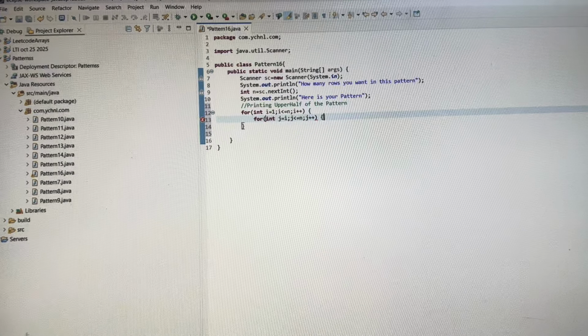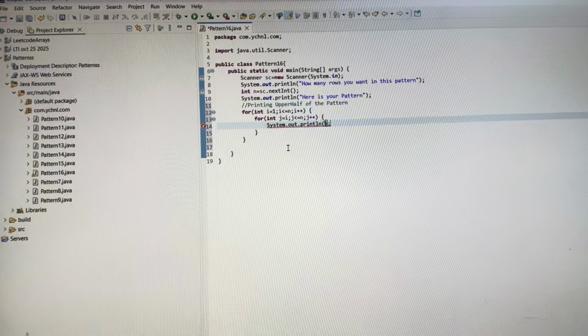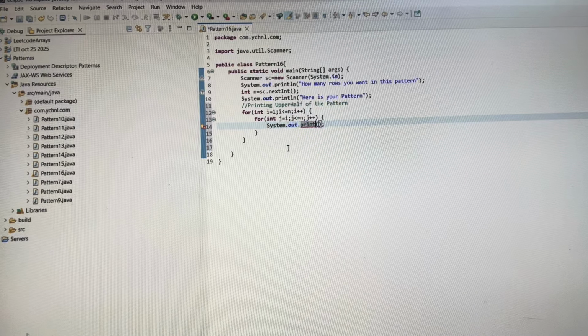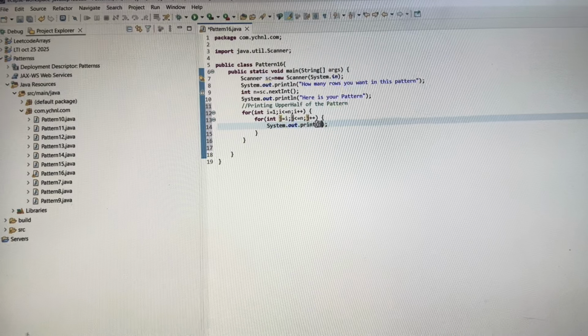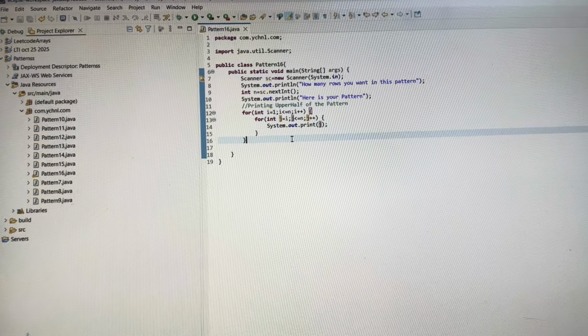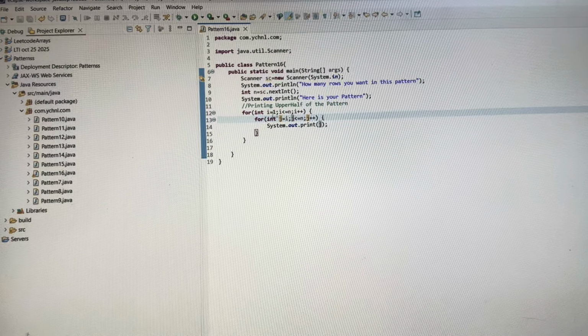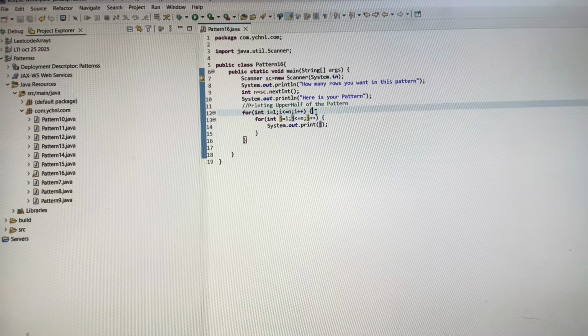Both rows and columns are in increasing order. I want the elements in the same row, right? That's why I'm printing j only. So this is the for loop to print the elements.